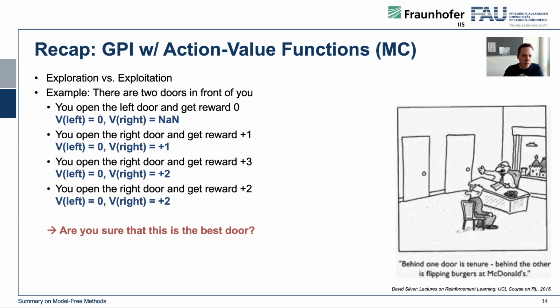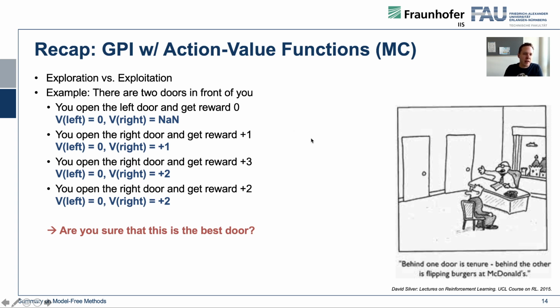We have seen the example with the job interview where you have two doors to choose from, and both of these doors have different rewards associated with them. And if we are sampling the environment, we actually sample from the random variable that is describing the reward behind these doors.